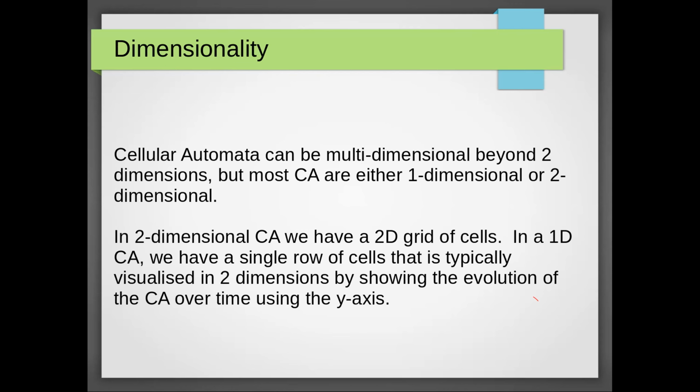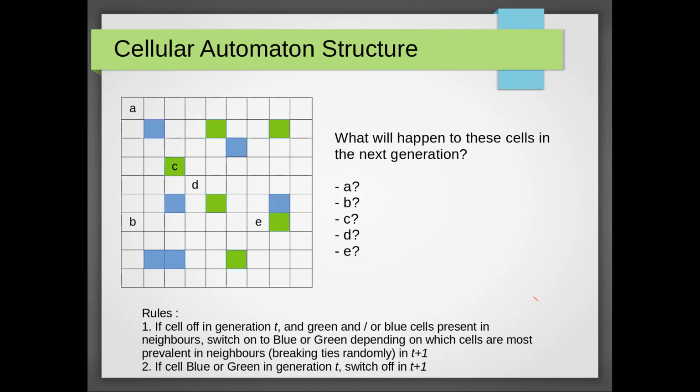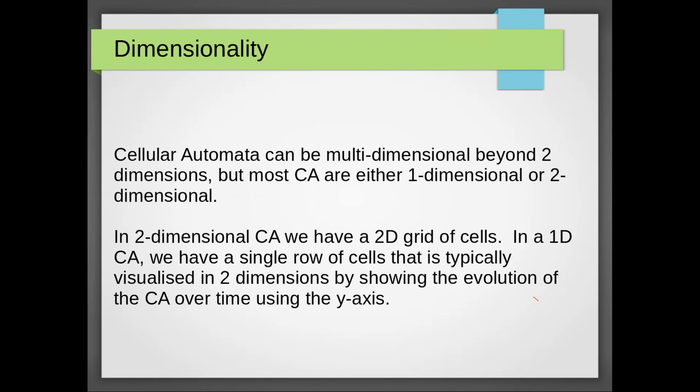Just imagine a one-dimensional cellular automaton would be, say, one of these rows, but we would visualize it in 2 dimensions by saying, this is the first generation, this is what it looks like in the second generation, and this is what it looks like in the third generation, etc. So we get that 2-dimensional visualization that shows how the one-dimensional automaton would evolve over time.